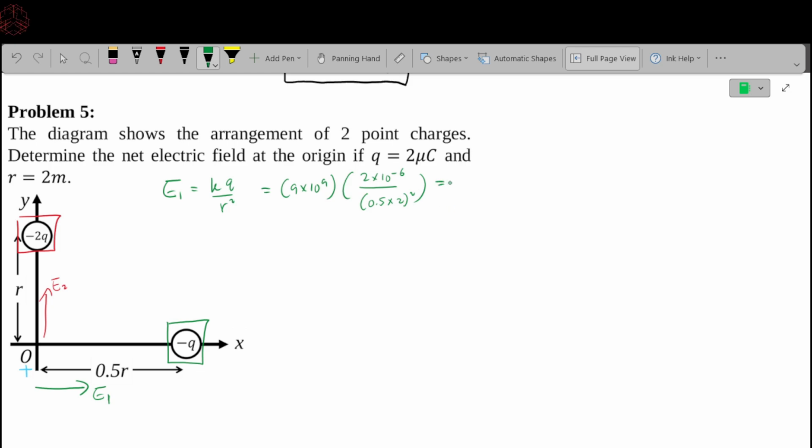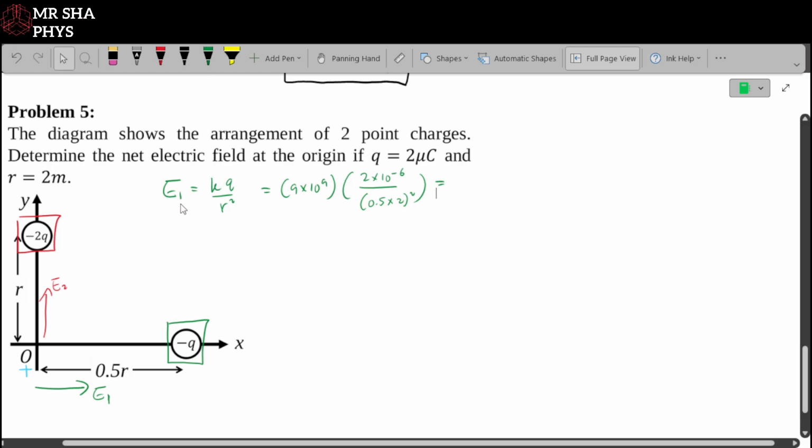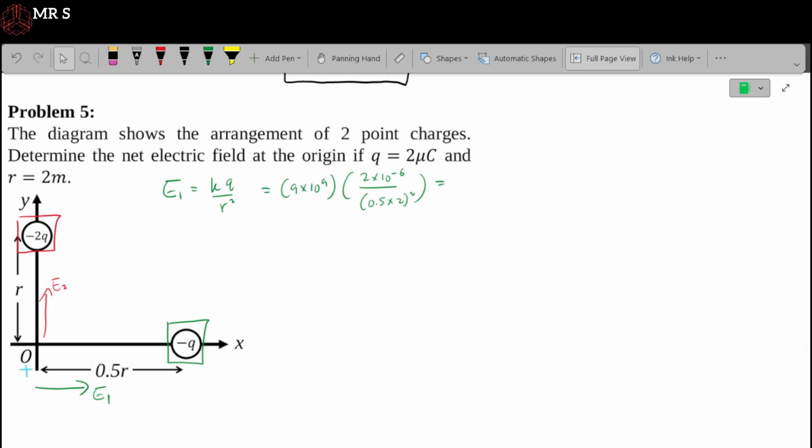Okay, so in this X direction, keep in mind that E1 is the only electric field in the X direction. So in this X direction, I will have 18,000 Newton per Coulomb. Okay, so that's the first one.